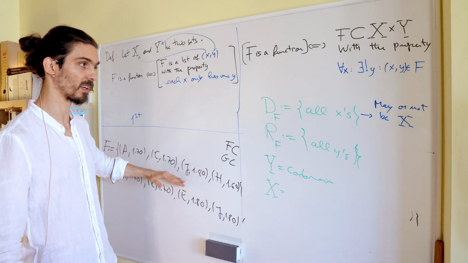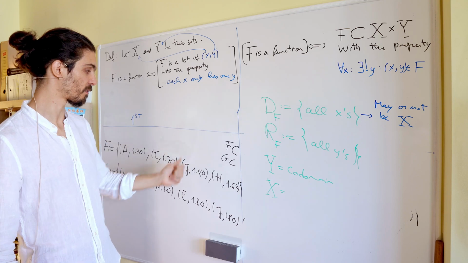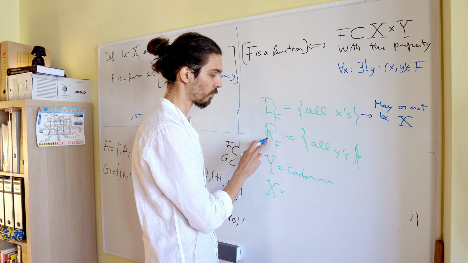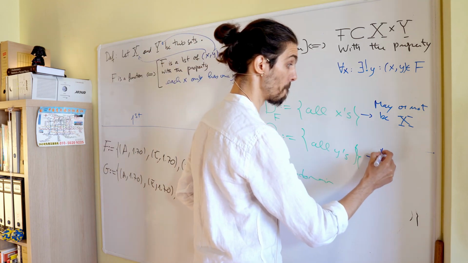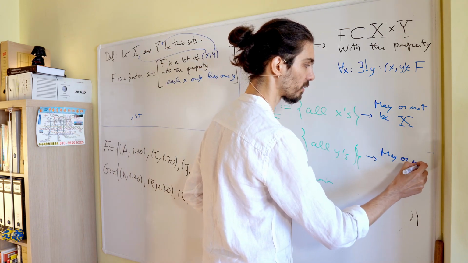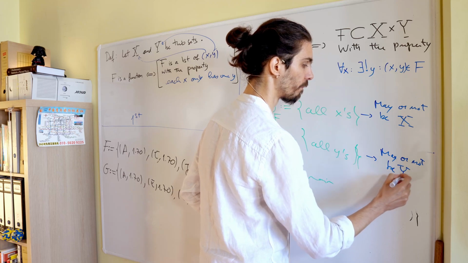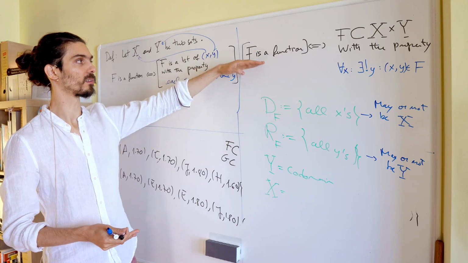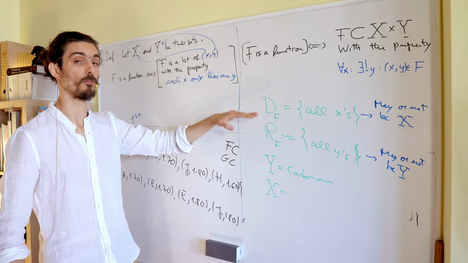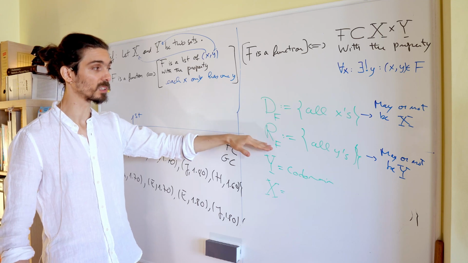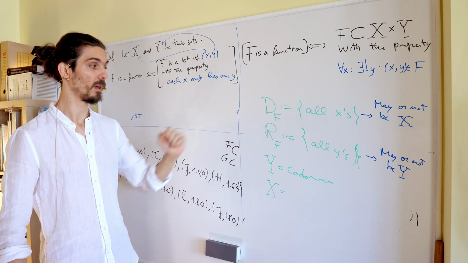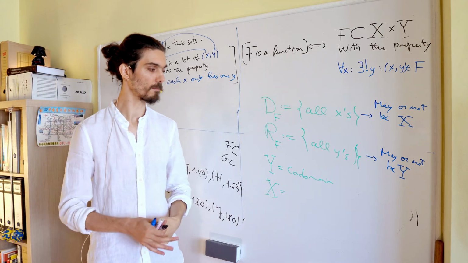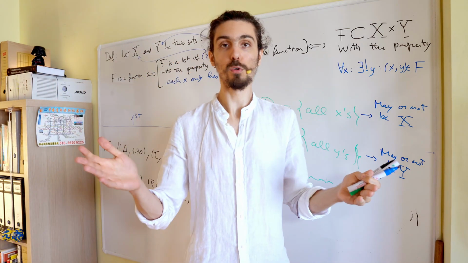So in this particular case, you are already seeing that the domain of f is the same as X. Similarly, the range of f may or may not be Y. These two sets come as a result of specifying f, and will be very important to understand the behavior of f, and we'll give great focus to them throughout the examples and throughout the course. So now, let's move into the examples.